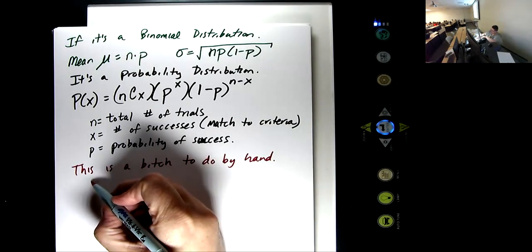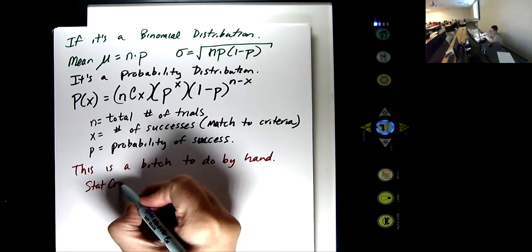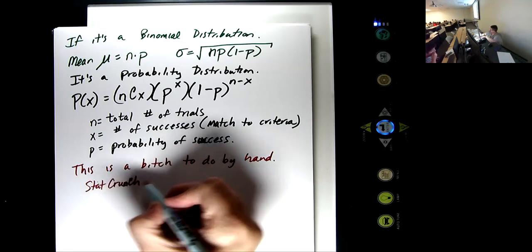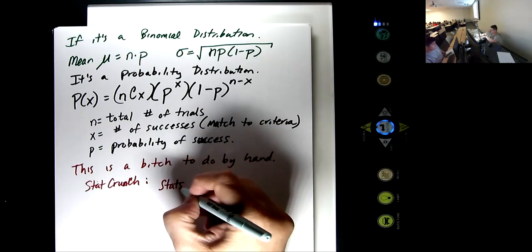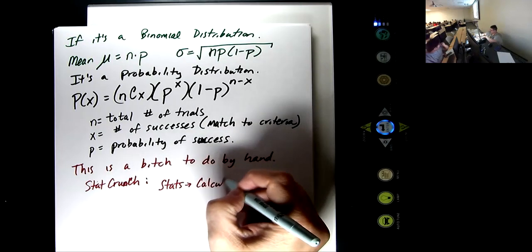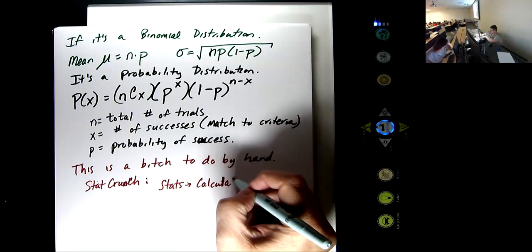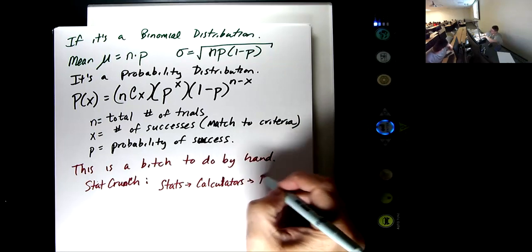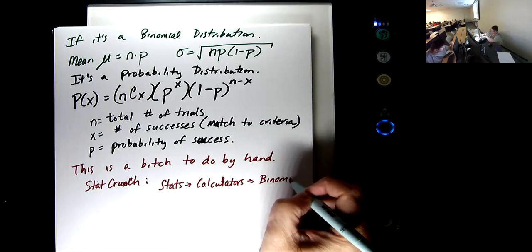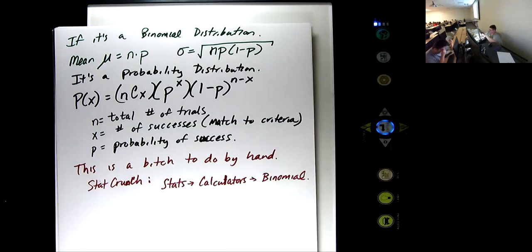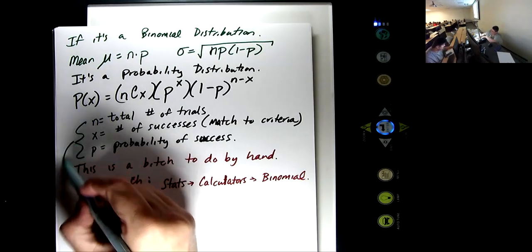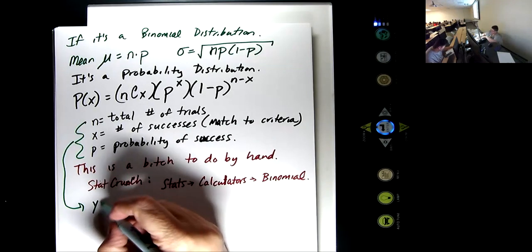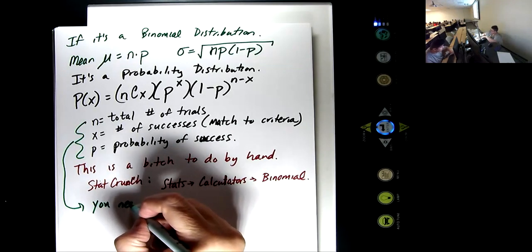So we're going to use StatCrunch. StatCrunch is stats, calculators, binomial. And the same things you need for the equation, you need these numbers for StatCrunch.